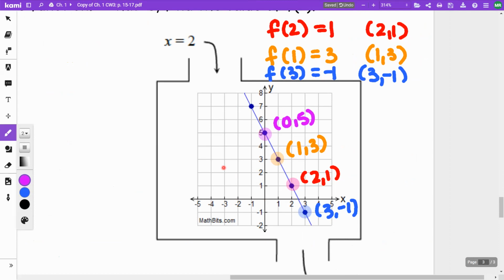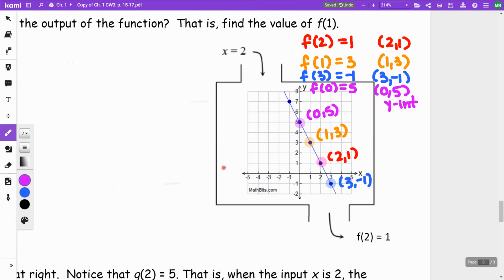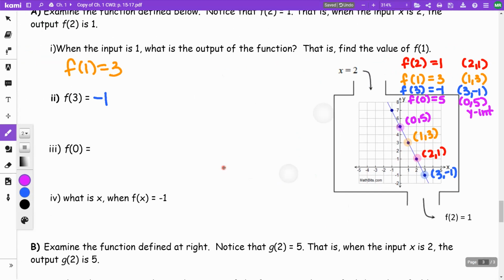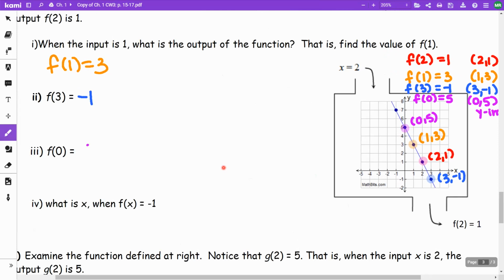So f of 0 gave me a 5. When I put in a 0, I got a 5. And I'm just going to also note that that's considered our y-intercept because it's touching on the y-axis. Okay, so f of 0 is equal to 5.